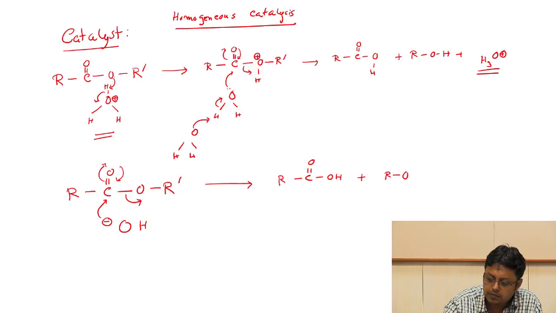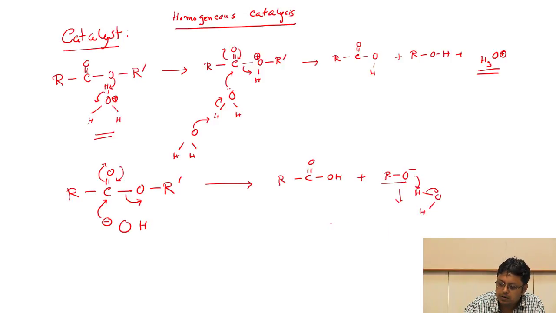Then you can have a further addition of water, in the sense that a proton can be abstracted from water, because this is a very strong base, and then you'll have R, OH plus OH minus, and you can see this OH minus is regenerated.